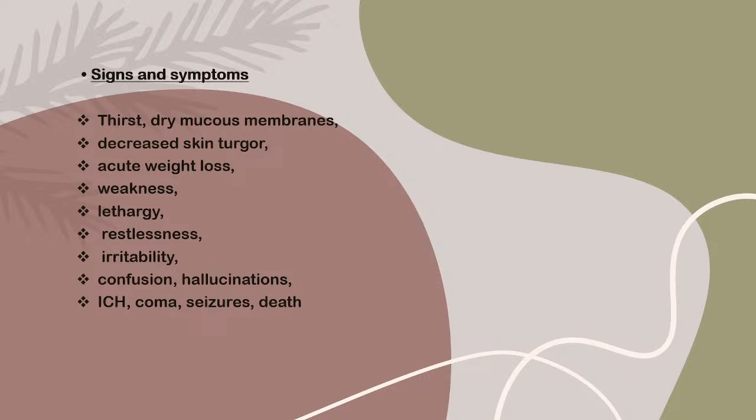The patient may get ICH, that is intracranial hemorrhage, and sometimes coma, seizures and death. So these all are the symptoms of hypernatremia.